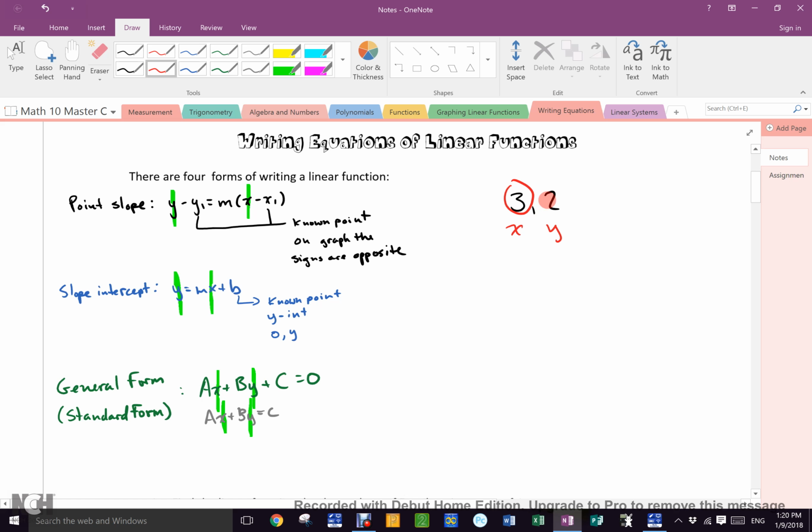And how many places can that 2 go? Into 4 places. 1, 2, 3, and 4. And it's always allowed to substitute in there, no matter what. Is everybody with me? If you ever have coordinates, you have an X and a Y.